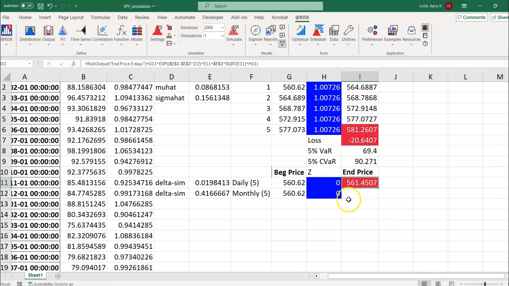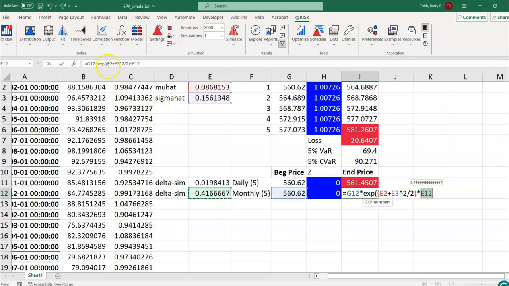All right, so now what we need to do is adjust the formula for the end price. So let's go through this one more time. It's the beginning price times the exponential function. In another set of parentheses, we'll have mu hat minus sigma hat squared over 2. And then times the delta. But now we want to use the monthly delta. And you can have dollar signs on these if you want to copy those.